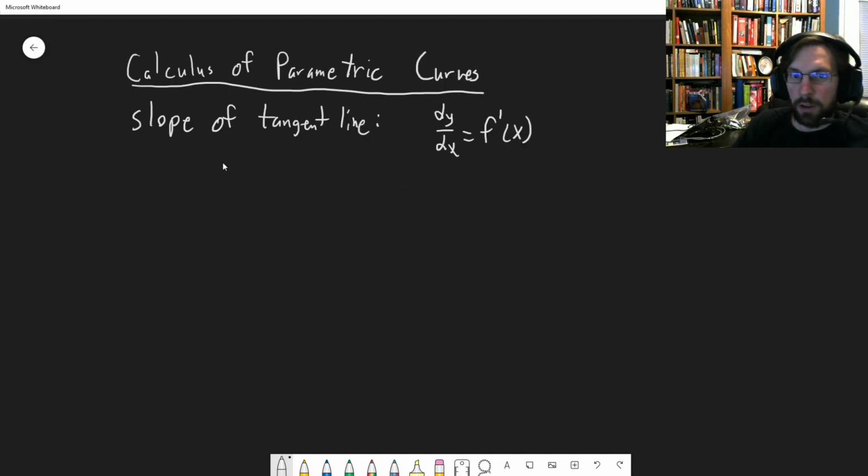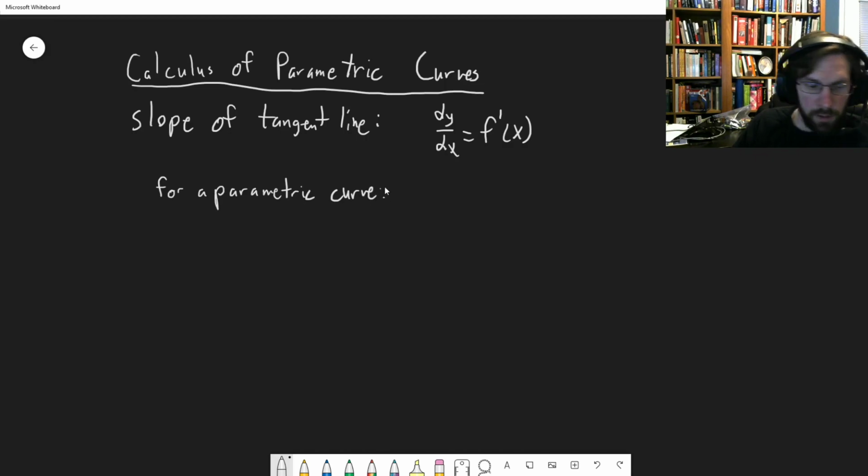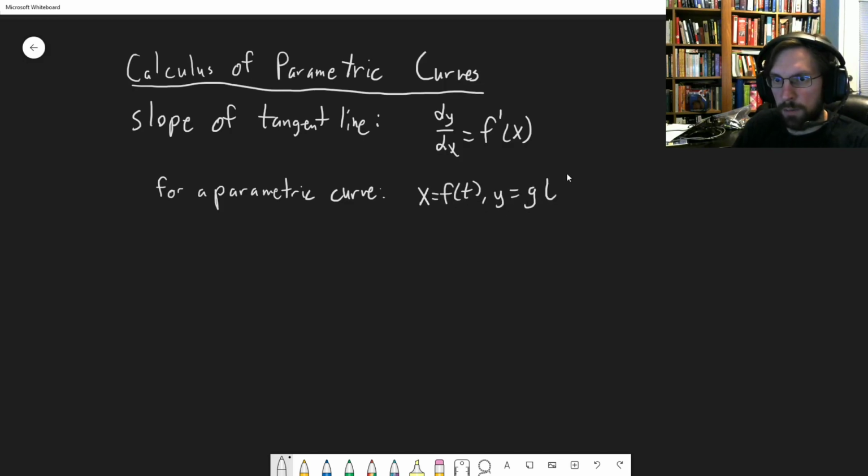Okay, so for a parametric curve, we'll write our parametric curve as x equals f of t, y equals g of t, and we'll assume our parameter t is available at whatever point we're interested in.